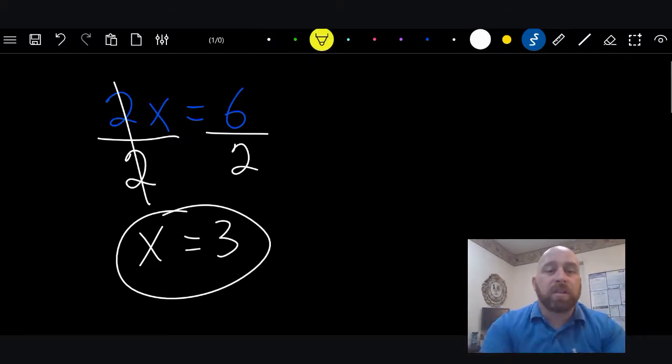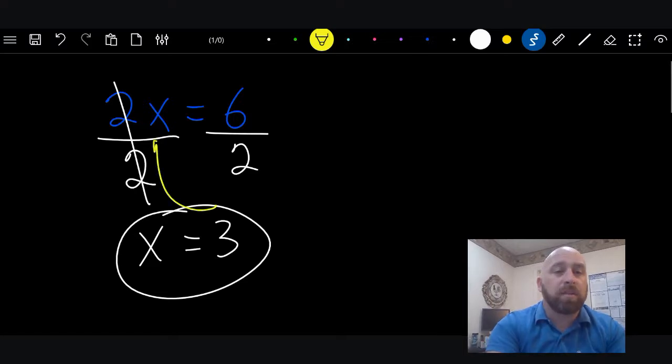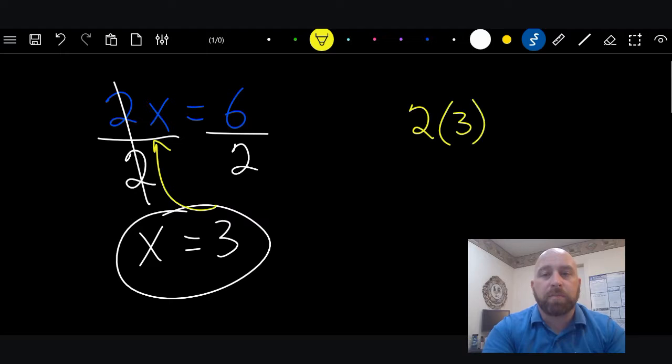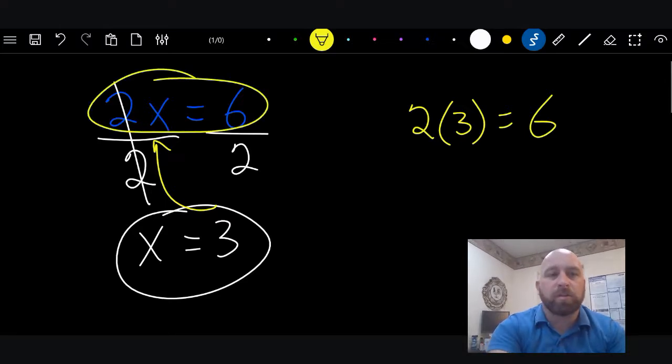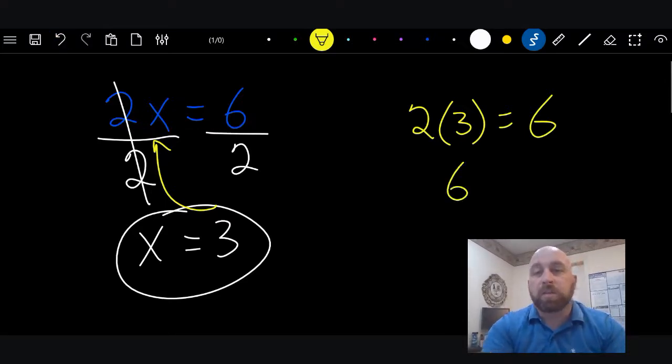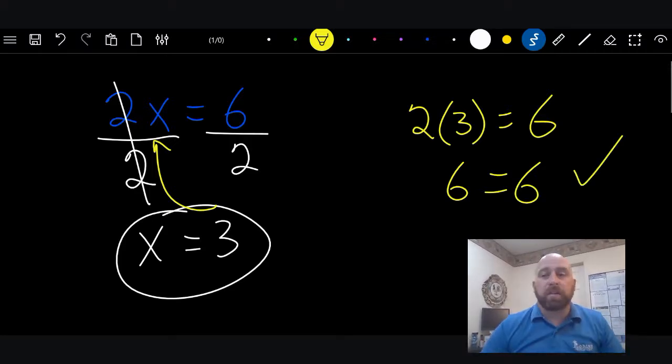We have to check it. We plug the 3 back in for the x, always into the original. 2 times 3 is 6, equals 6, and that checks. That means that we did it right.